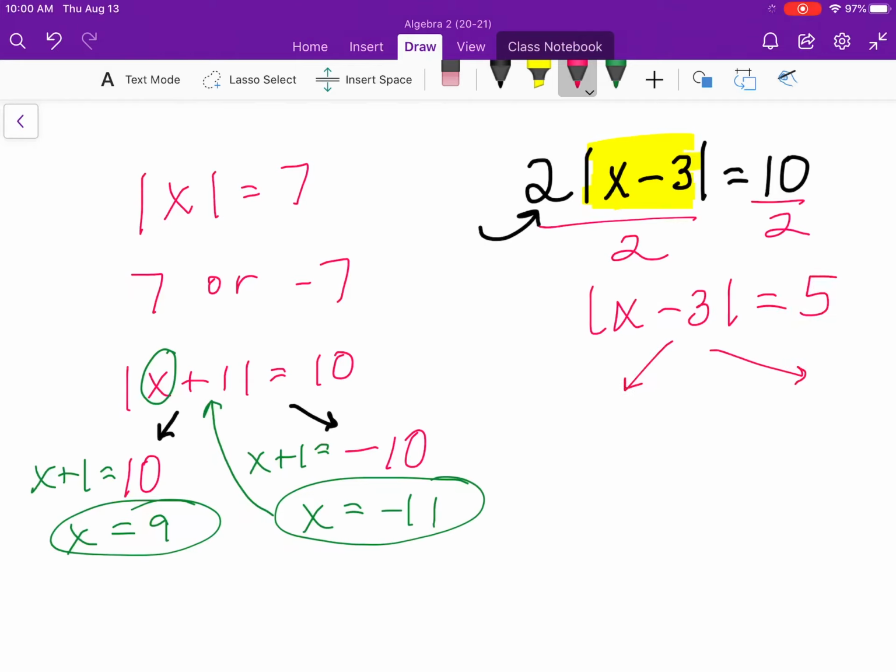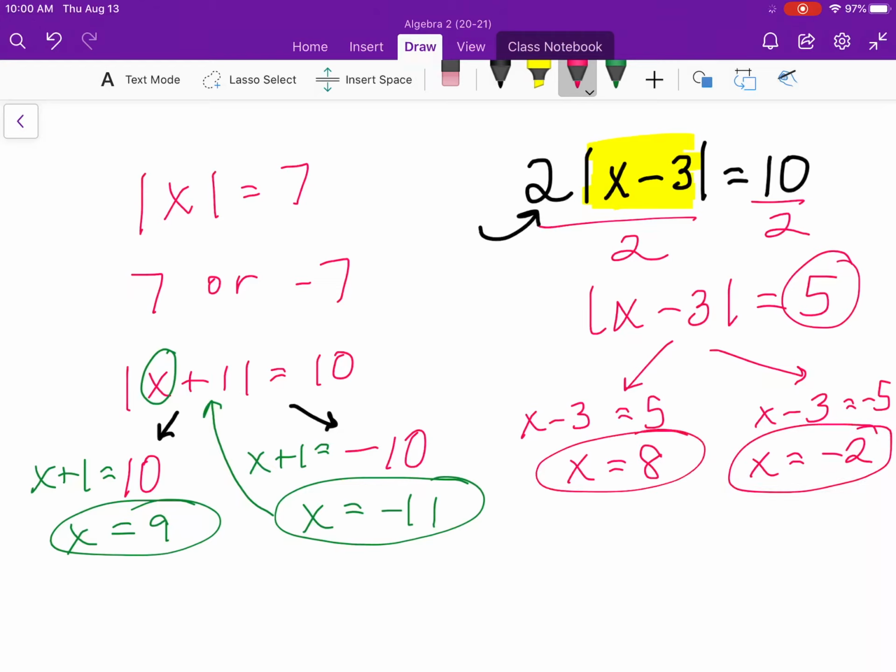Now I can split into my 2 cases. All you have to do is put x minus 3 and think, what numbers are 5 away from 0? Well, 5 and negative 5. And you solve. So x can equal 8, and x can equal negative 2.